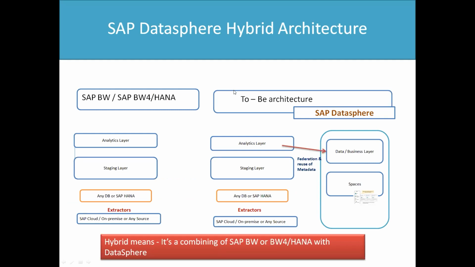Datasphere architecture, we can say hybrid architecture. When I say hybrid, it means combining BW or BW for HANA with the Datasphere. Whenever we are upgrading our existing data flow or architecture from the BW system or BW for HANA to the Datasphere, what things are going to change and what things are going to be replaced? In this hybrid architecture we are not going to make any changes.